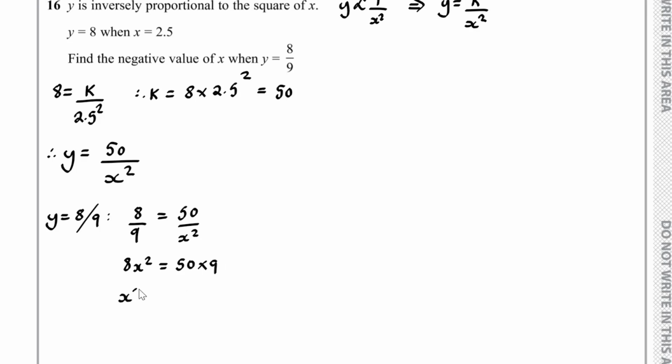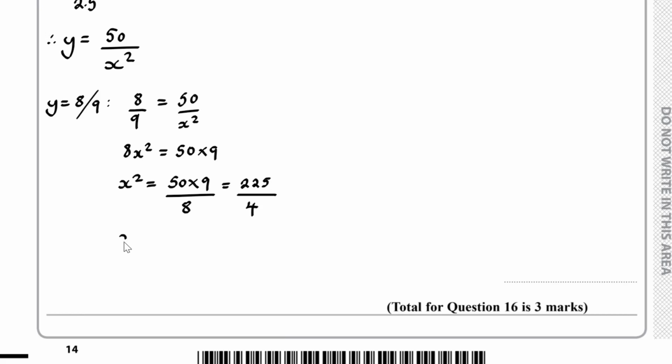So x squared is going to equal 50 times by 9 over 8, which is 225 over 4. And therefore x is going to equal plus minus the square root of 225 over 4. So here we get plus minus 15 over 2. We want the negative x value, so we've got minus 15 over 2.